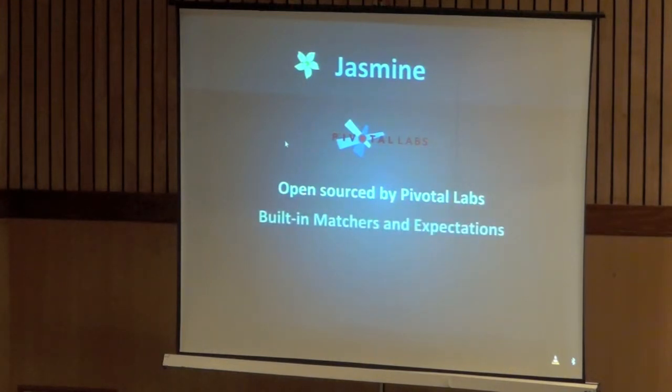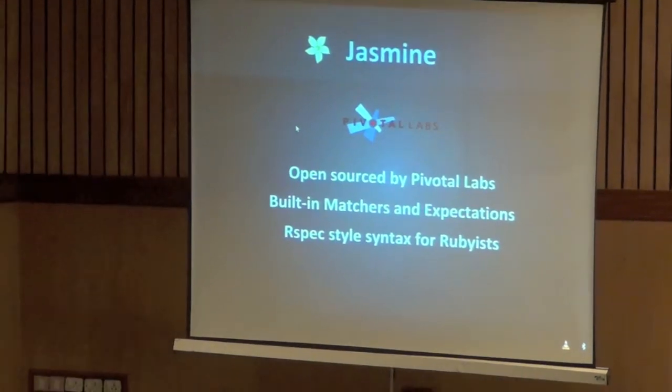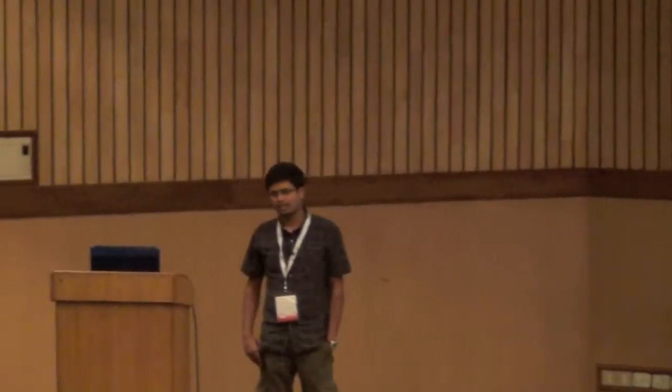Jasmine is a testing framework built by Pivotal Labs. They have open sourced it, and it's still a very active project out there. There is also a jQuery plugin for Jasmine, where you can have more and stronger matchers, say toBeDefined, and we can also use selectors, those kinds of things.